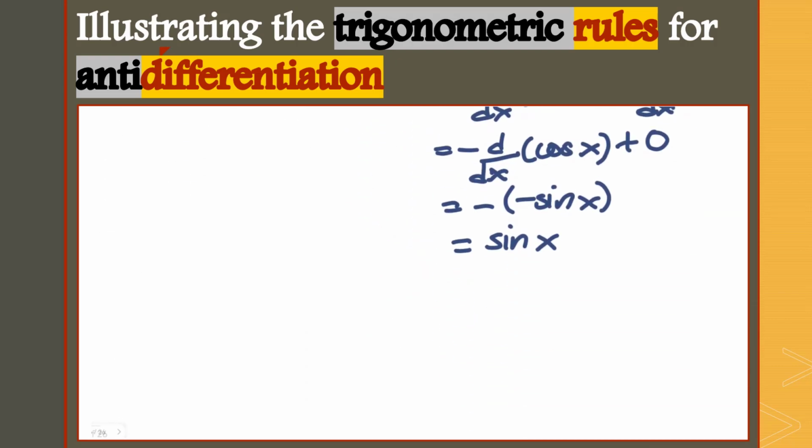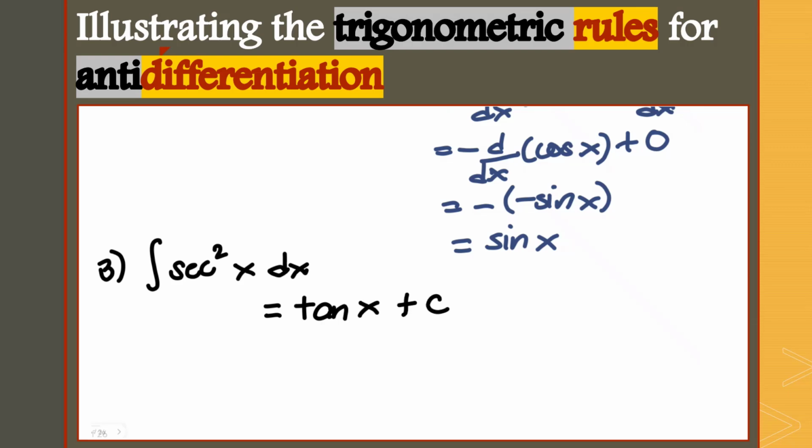Now, allow me to add the next few rules, but I'm not going to provide tangent and secant yet. Instead, I have the antiderivative of secant squared x dx. I don't have tangent in the meantime, but I have secant squared itself, because this is equivalent to tangent x plus c. When you derive tangent x, you will get secant squared x.